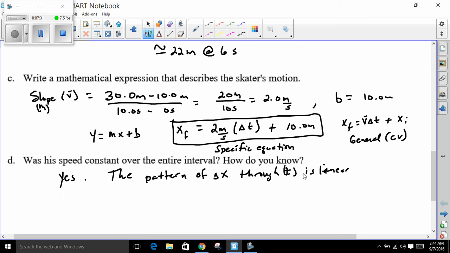Linear x versus t graphs show constant velocity. Of course, that constant velocity is the slope of that line.